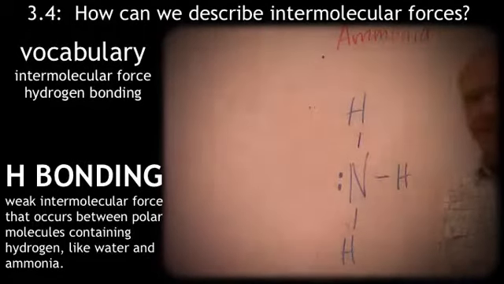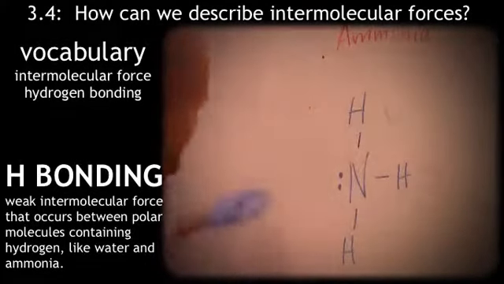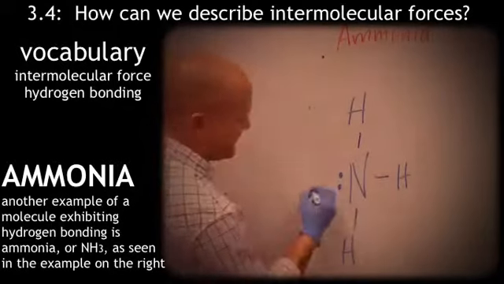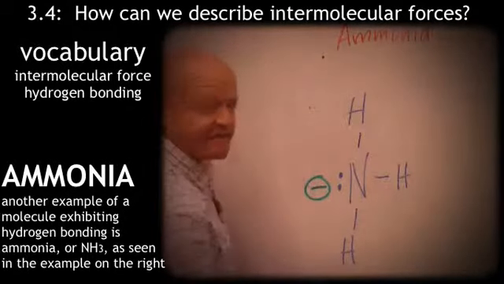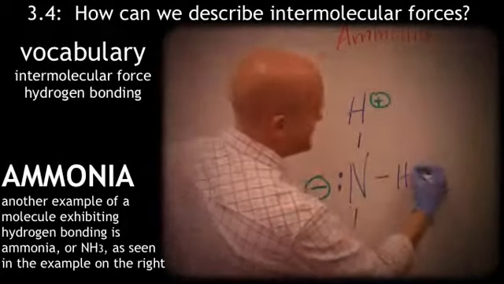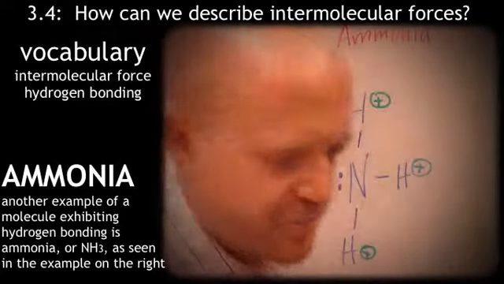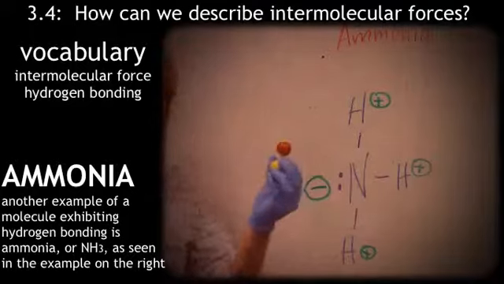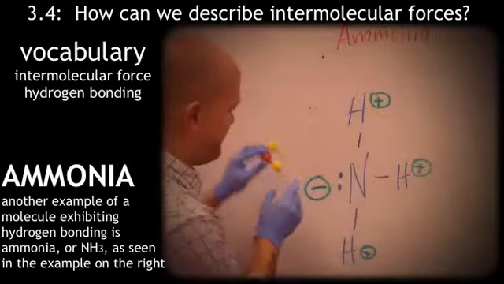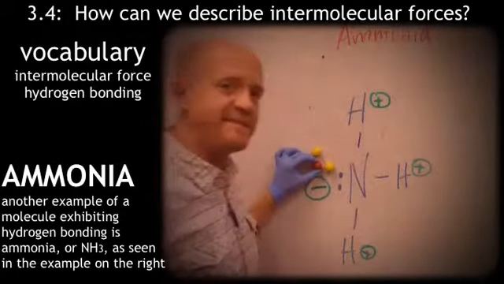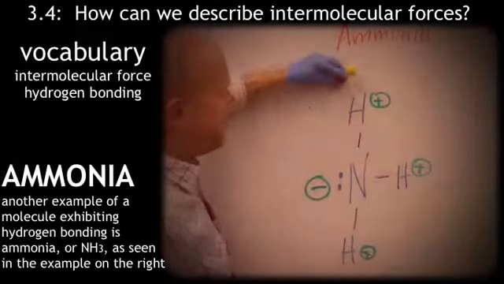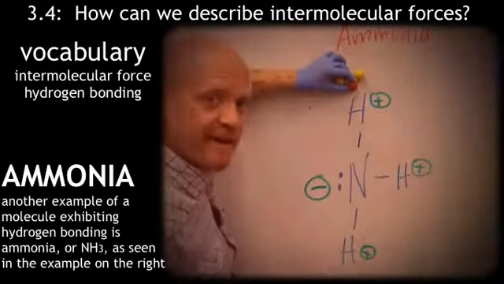Ammonia, or NH3, because the nitrogen is more electronegative, the nitrogen is going to have a slight negative charge, and each one of these hydrogens is going to have a slight positive charge. So if I were to put a water next to this, the yellows are positive, the yellow would hang out next to the nitrogen. The red, oxygen, would hang out next to the hydrogen.